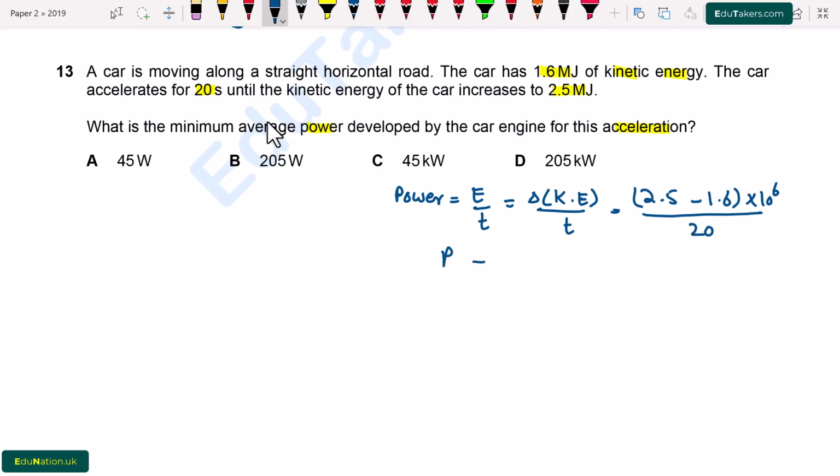So power will be equal to 45,000, and the unit of power is watt. I write here 4.5 multiplied by 10 to the power 4 watt, which is equal to 45 kilowatt. Now we see the options. Option A 45 watt, B 205 watt, C 45 kilowatt. So option C is correct.